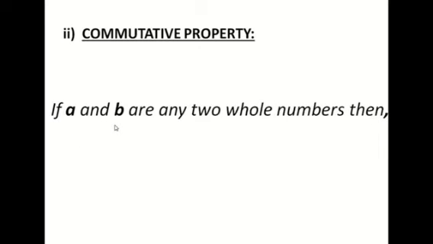If A and B are any two whole numbers, then A into B equals B into A. If I multiply, the product will be A into B, and if we interchange their place, the product will be B into A, but their value will be equal. I hope you have understood.